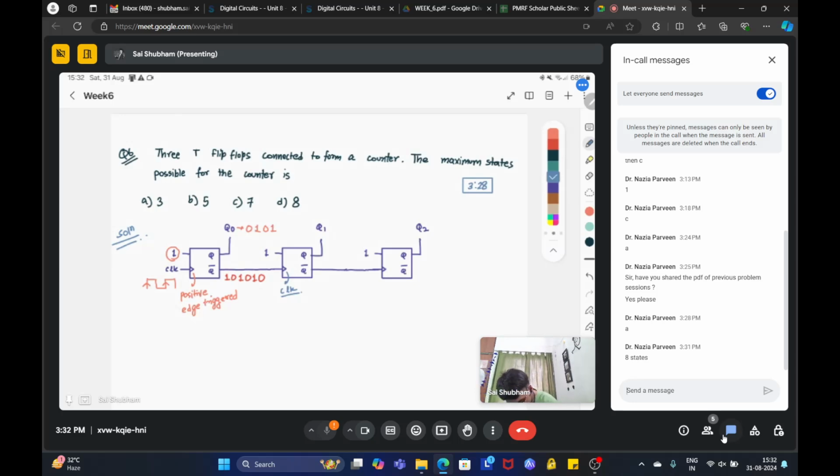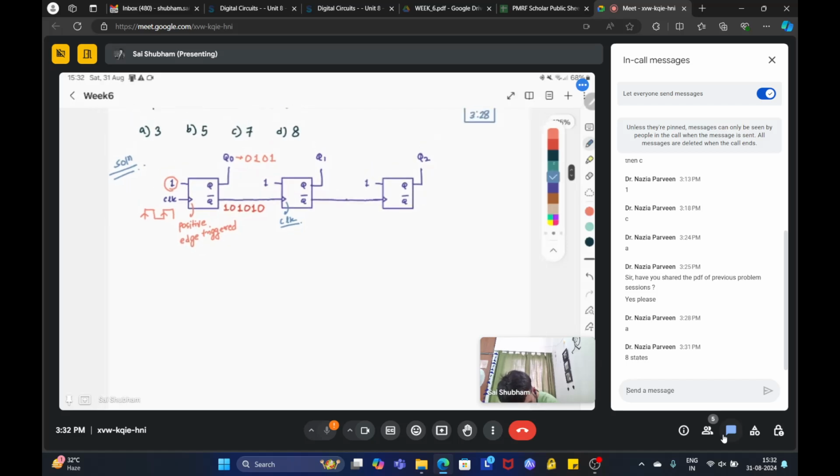one second. Let's make a timing diagram. The clock is going, which is always triggered at positive edges.